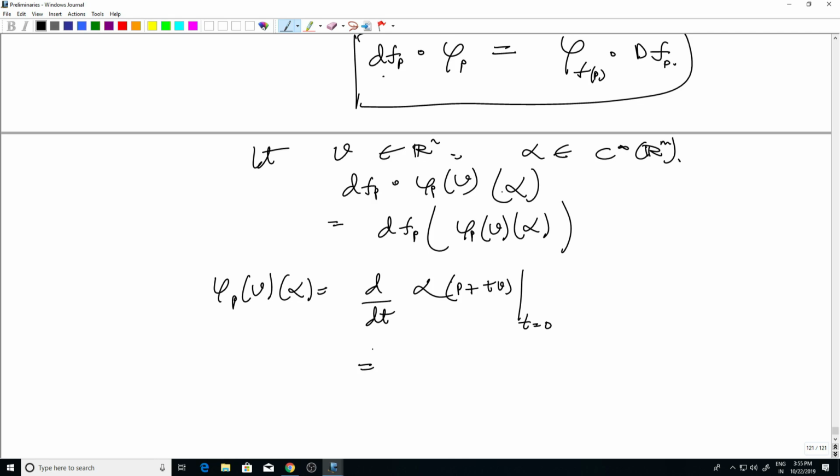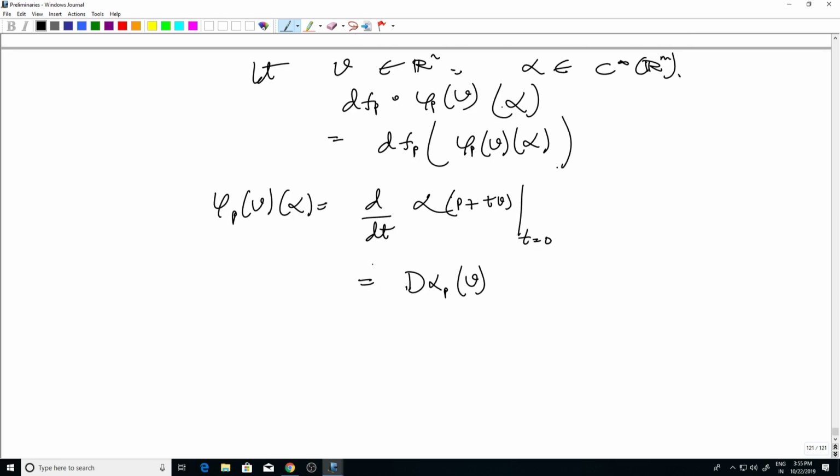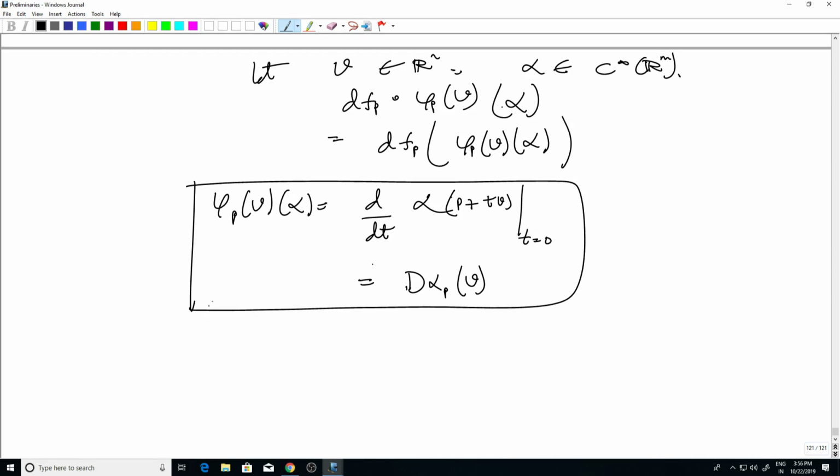This is the directional derivative of alpha in the direction v, and that is the same thing as, using my new notation, capital D for the classical derivative, capital D of alpha at the point p acting on v. This is one thing, but this is something we'll use later on.